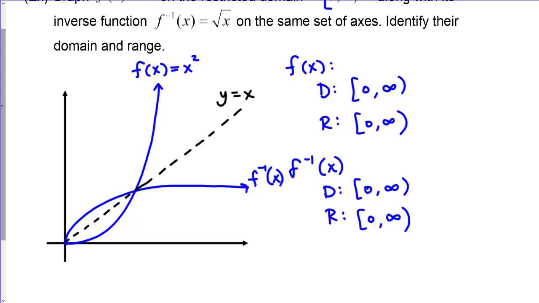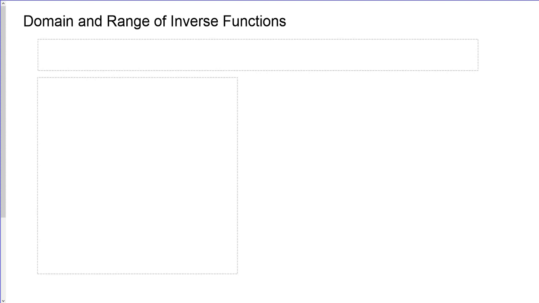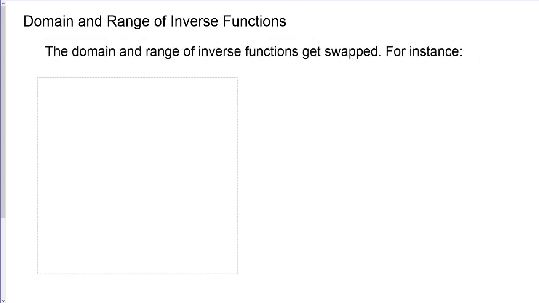One thing that you don't really see here, because the domain and the range are the same, is that the domain and the range of inverse functions essentially get swapped. Let's take a look at the next example to see how that works. So the rule is that the domain and range of inverse functions get swapped.